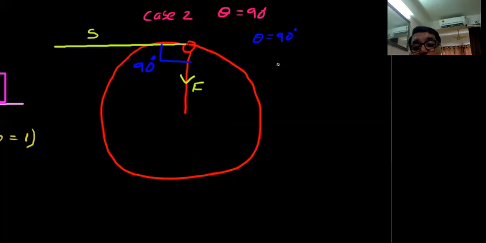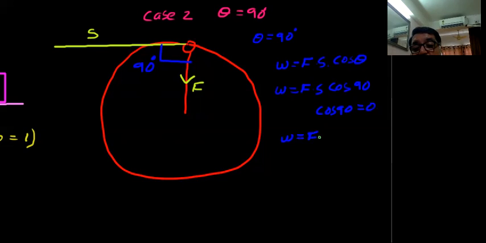Using our formula, work equals F into S into cos theta. So work equals F into S into cos 90. And we all know cos 90 equals 0. So work equals F into S multiplied by 0, which is equal to 0.